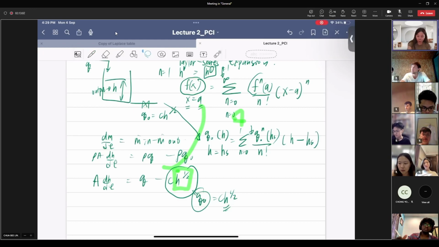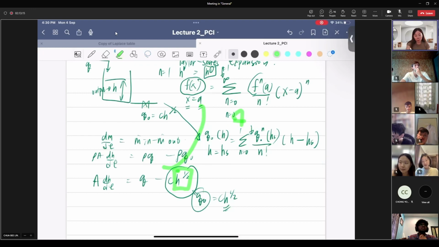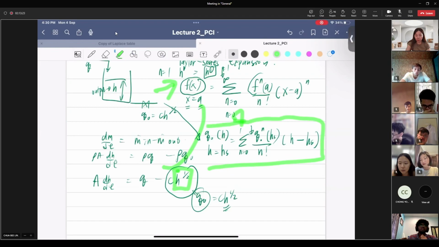Okay, so you are going to solve the Taylor series expansion using this equation. In your test and final exam, the general equation will be given, which is this one. You have to change it into this equation. This equation will not be given. So now your job is how to solve this.